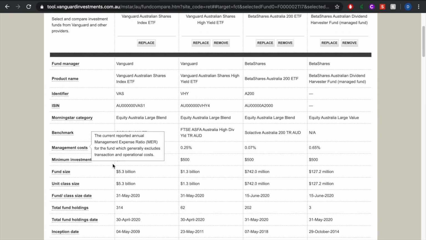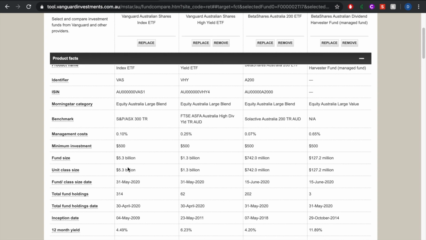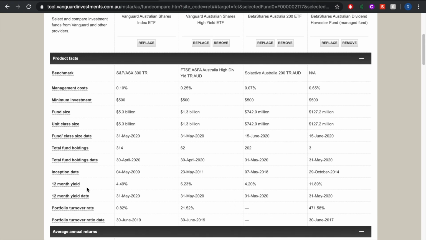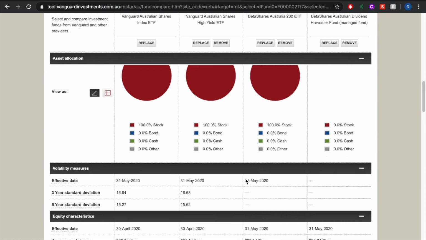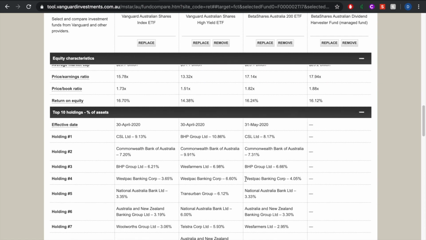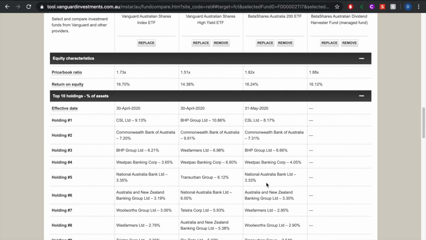You look at the management cost, 0.07%, 0.65%, and you look at the fund size, 5.3 billion, 1.3 billion, 742 million. So you could really see there's already a big difference over here. The total fund holdings, the yield, the loss for the past year, and it also gives you a guide as to the investments down here as well.